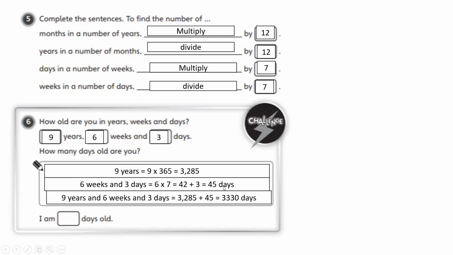Add 3 is 45 days, and then we're going to add these together. So 3,285 plus 45 is 3,330 days, and that is how many days I would be if I was this old. So why don't you have a go and work out how many days you are? What a big number.